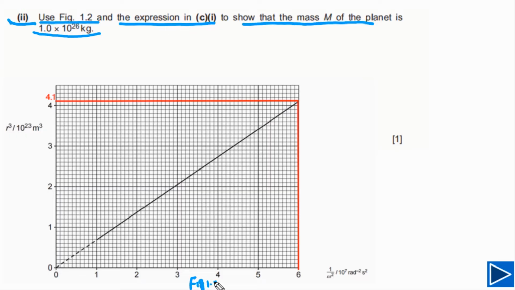We have already found the expression for mass of the planet, and we have found that mass of the planet is equal to gradient of figure 1.2 divided by capital G. Capital G is a constant, so we can find the value of capital G from given values of constants. So we don't need to worry about capital G because its value is given. What we need to find out is the gradient. So first of all, let's try to find out gradient.